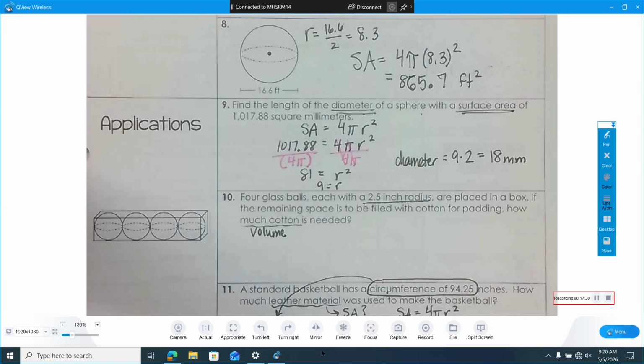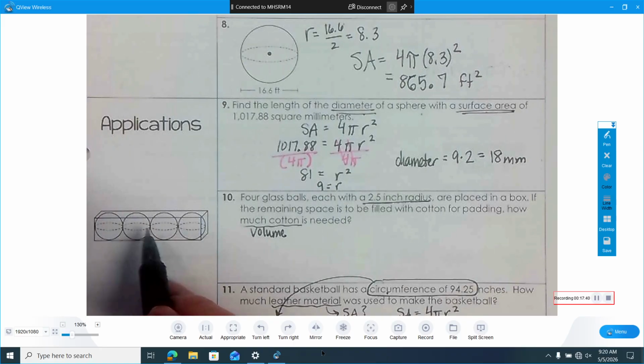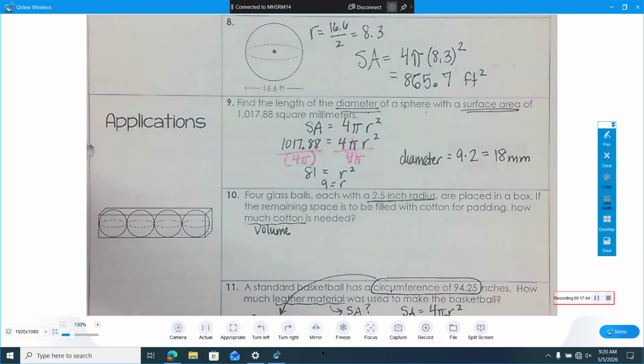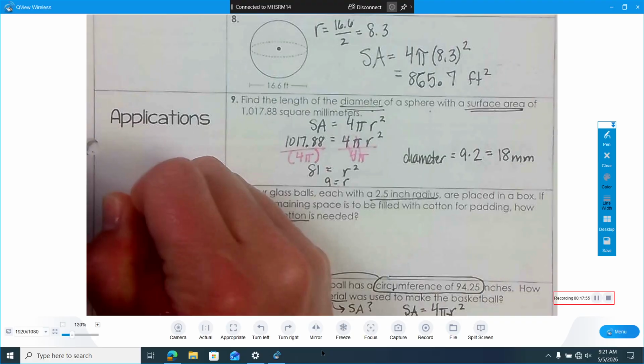Well, how are we going to figure that out? No, not quite. Times 8. 1, 2, 3, 4, 5, 6. Oh, I see where you got that. That's good. Okay. So we've got these nice big glass things in there. We just need the cotton to go into little vacant spaces.